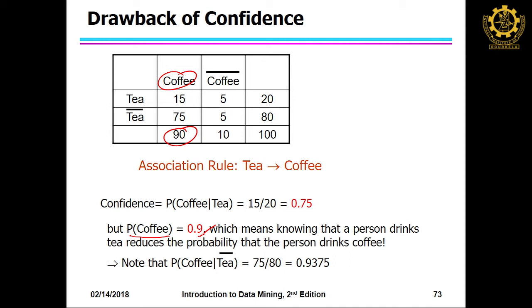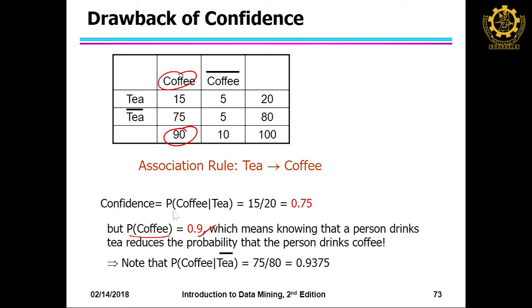So, therefore, this measure has a problem, because we are only taking the confidence, and in the formula for the confidence we are not considering the support of the right side item set. So, we should have some other kind of measure that considers the support of the right side item set.